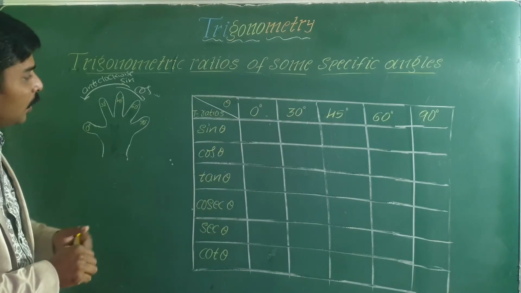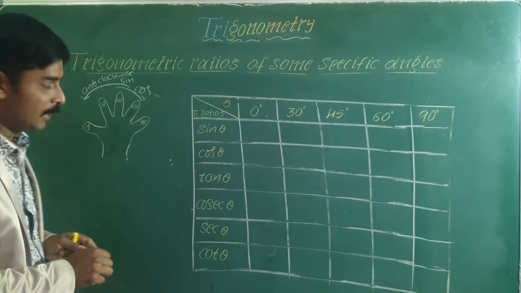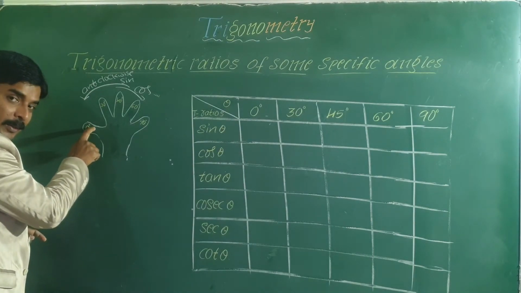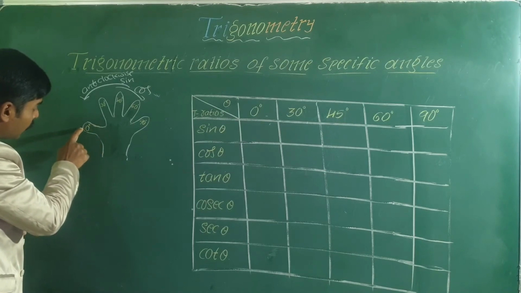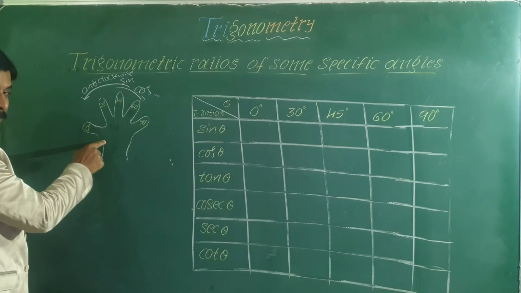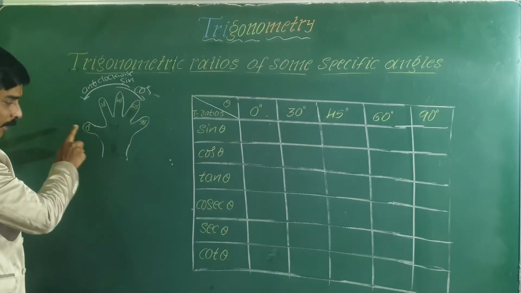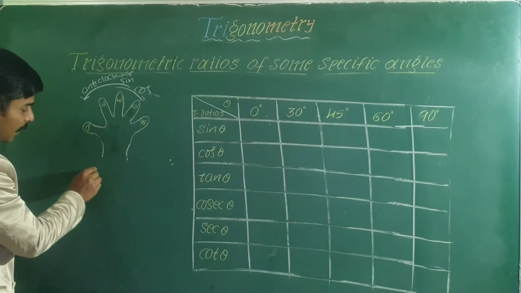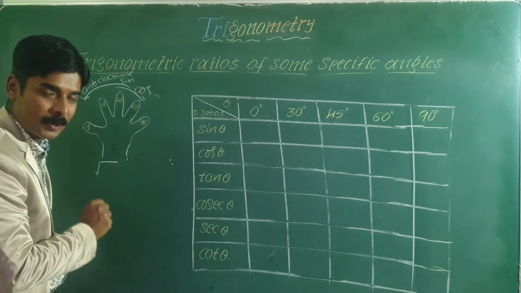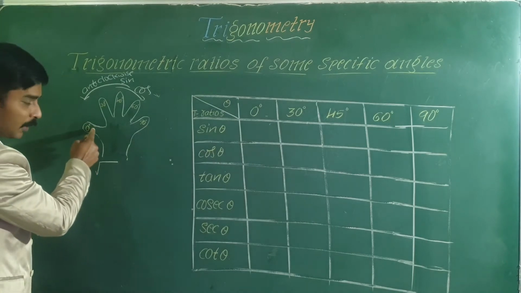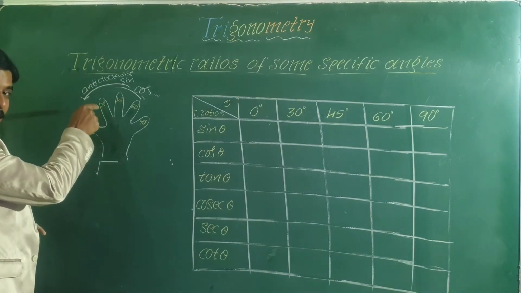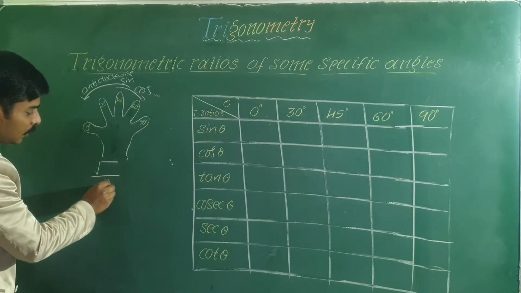Now, if you want to find the value of sine 0 degree, you must see how many fingers are there towards the left side of thumb. To the left of thumb, there are no fingers. Therefore, the formula is root of the number of fingers to the left side of that particular value divided by 2.